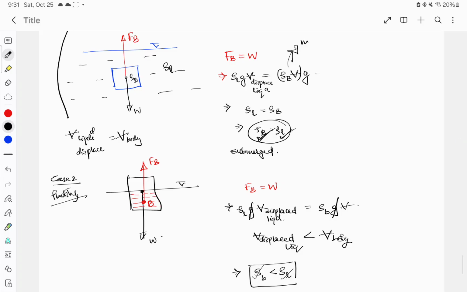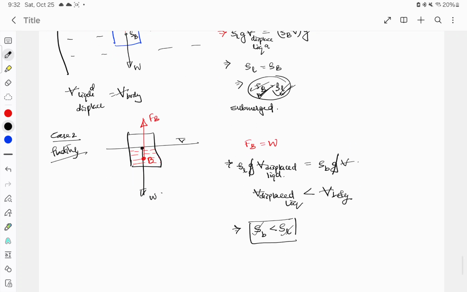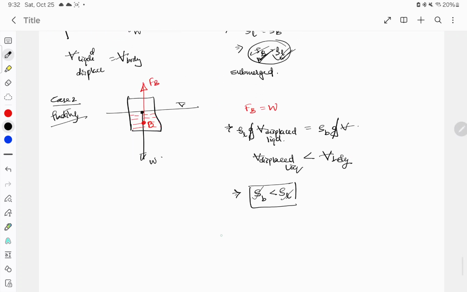From the previous scenario we said that if the liquid density is equal to the body's density, then it will be submerged, but it will neither go down nor go up. The third case is if the body's density is more than the liquid density, then the body will drown slowly.